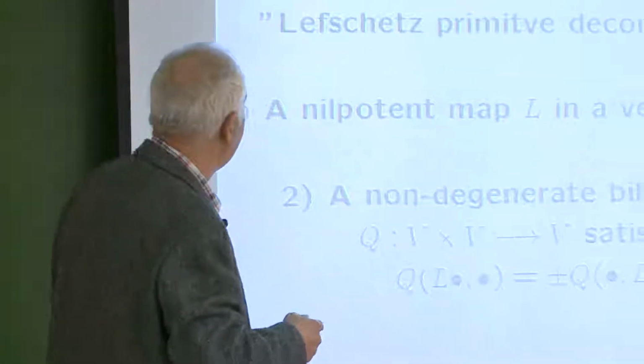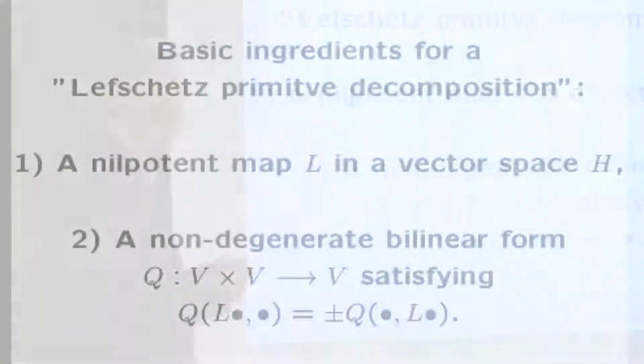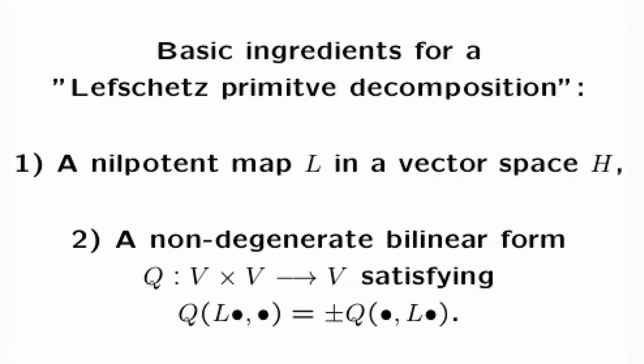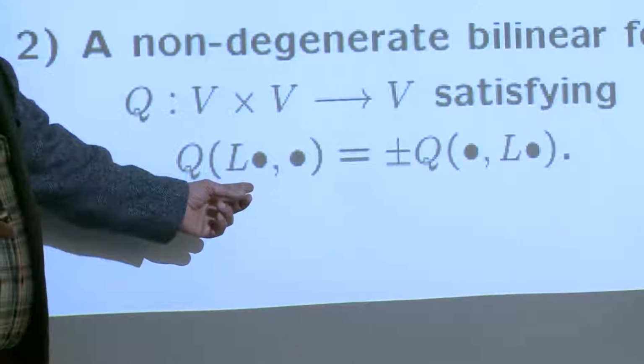The basic ingredients for the Lefschetz primitive decomposition are a nilpotent operator and a non-degenerate bilinear form, satisfying the property that L is a symmetric or anti-symmetric operator with respect to the bilinear form. This I learned from the analysts: you have your Hermitian metric, and then you have a symmetric operator, and then you cook up another bilinear form.